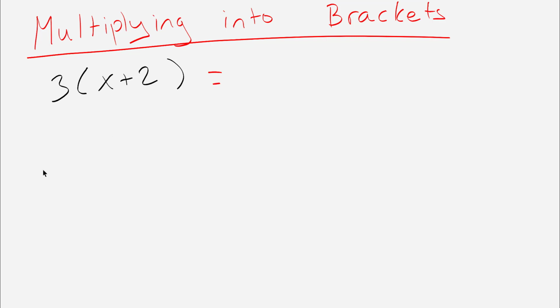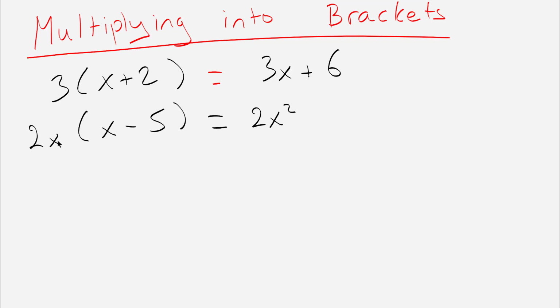So the answer in this case would be 3 times x is 3x, and then 3 times plus 2 would be plus 6. Let's have a look at another example. 2x times (x minus 5) equals 2x times x is 2x squared, and 2x times minus 5 is minus 10x.